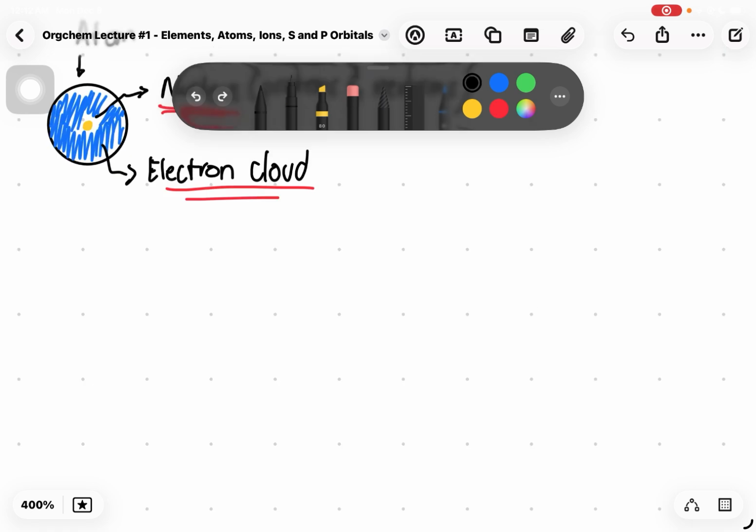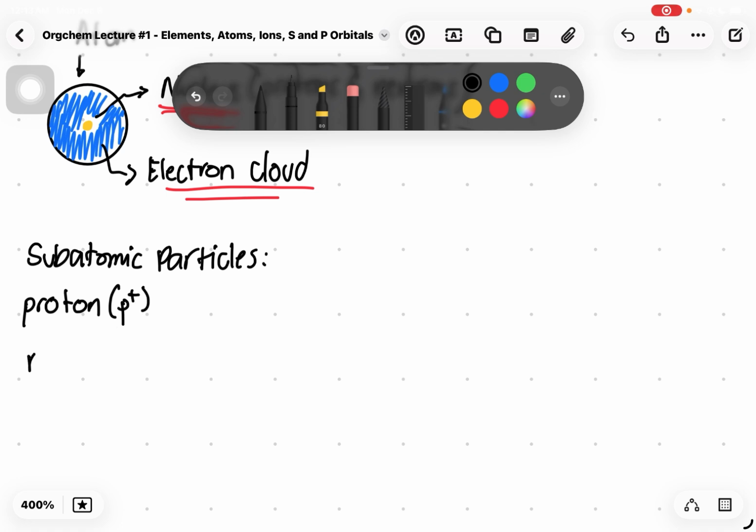Let's get to know the particles found in an atom. We can call these the subatomic particles. Commonly, we have three particles in particular. The first one is the positively charged particle known as the proton, which we can denote as P plus.